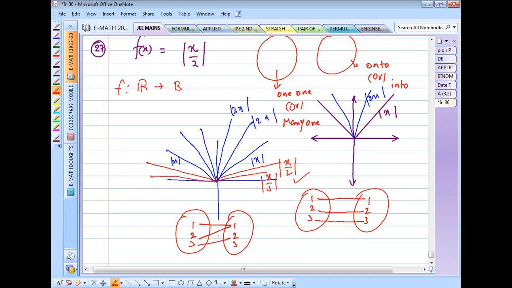In this configuration, at least 2 elements have the same image, so it is called many-one. Different elements have different images, then it is called one-one.